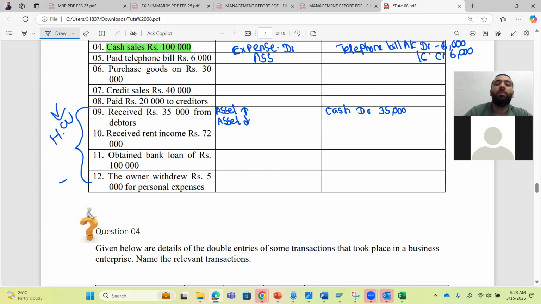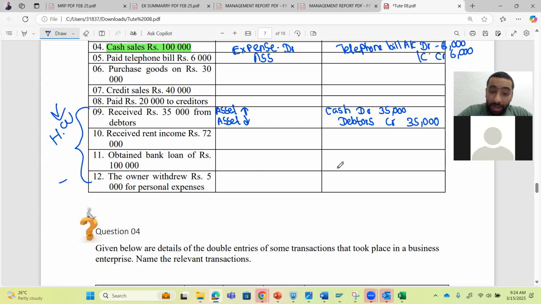Okay, no problem, even if you make mistakes, no problem. So cash is debit. And then what asset is decreasing? Yes, your debtors are decreasing. So your debtors are credited by 35,000, right? So this is a very simple, straightforward thing, right?